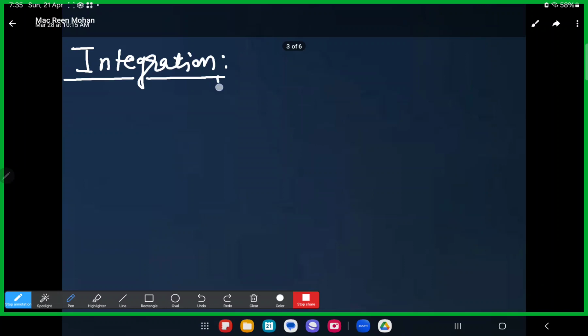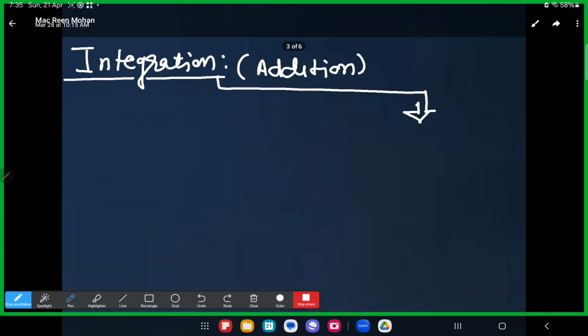Let's see quickly. So basically, the literal meaning of integration means addition. Fine. So what we have seen in integration, we are adding.